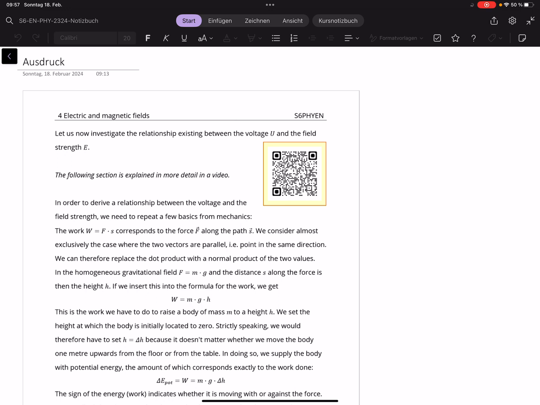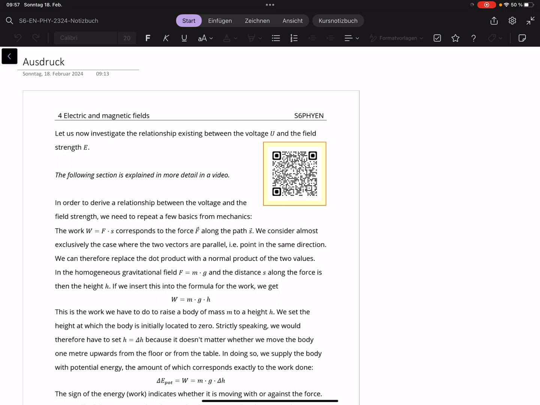So now it is a bit more difficult in the electric field, because in the gravitational field we have the mass, and this creates a gravitational field. But normally in nature we don't have any charged particles, so the charge has to come from somewhere else.